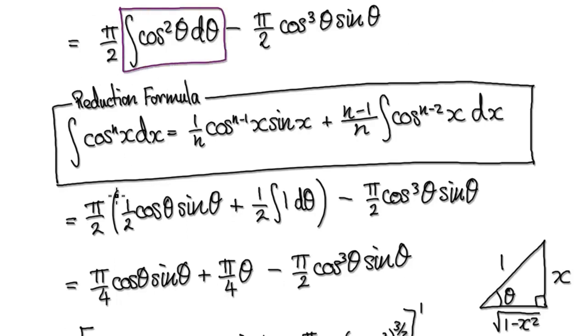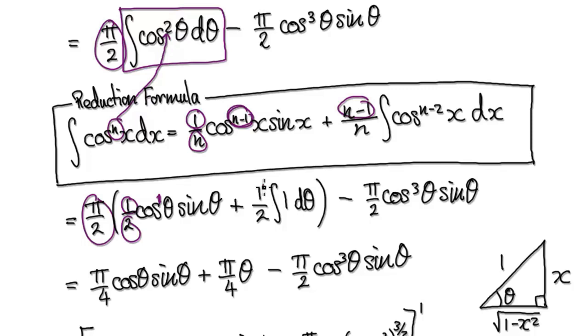So applying the reduction formula, you've got pi over 2 here. Remember, this time n equals 2. So the reduction formula would be 1 over 2. 2 take away 1 would be 1, and then 2 take away 1 would be 1.